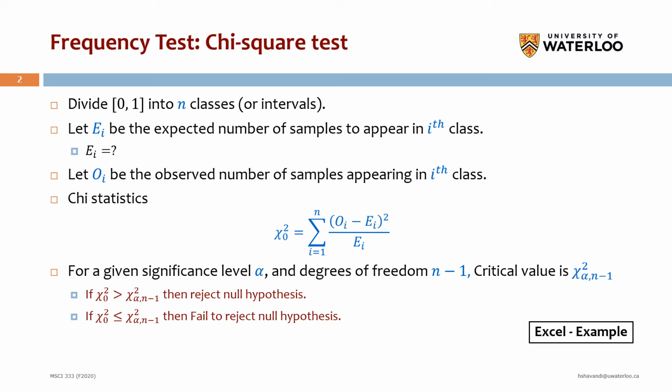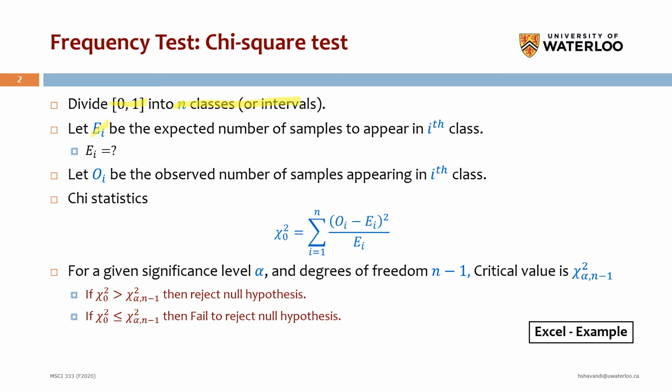In the chi-square test, we divide the interval of 0 to 1 into n classes, or n intervals. Then we set EI to be the expected number of samples to appear in the ith class.